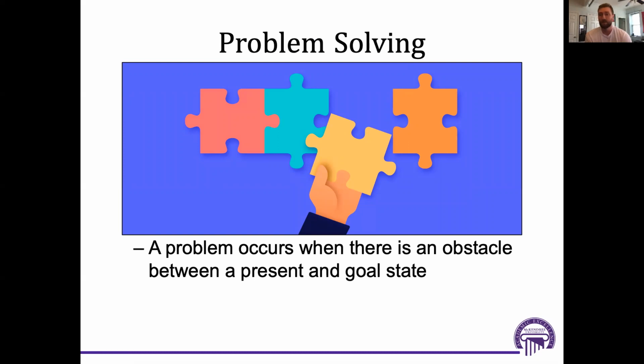For any given problem, you have a starting point and then a point to where you want to end up. The key part here is that there's an obstacle between the present and goal state, so it's not immediately obvious how to get around that obstacle. Sometimes it requires some creative thinking, thinking outside the box.